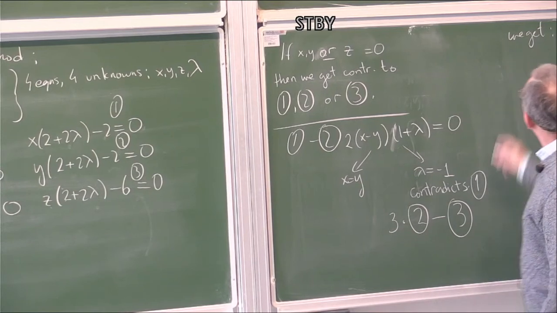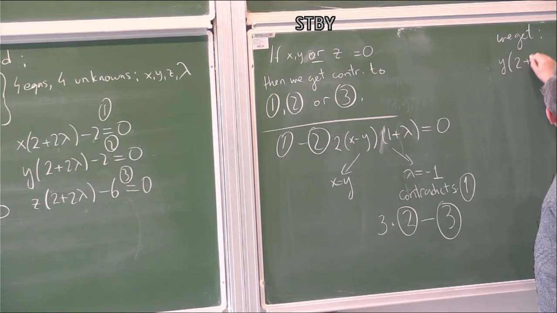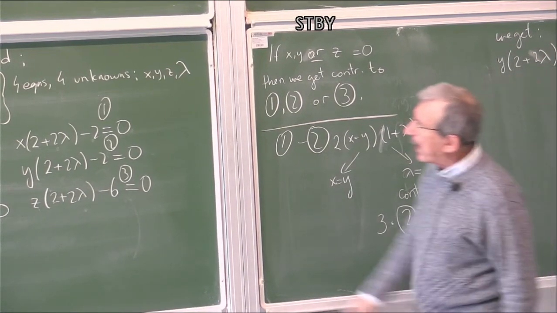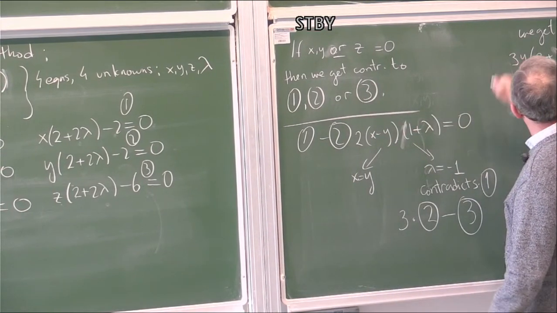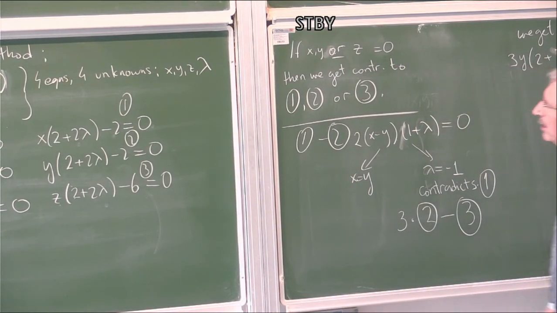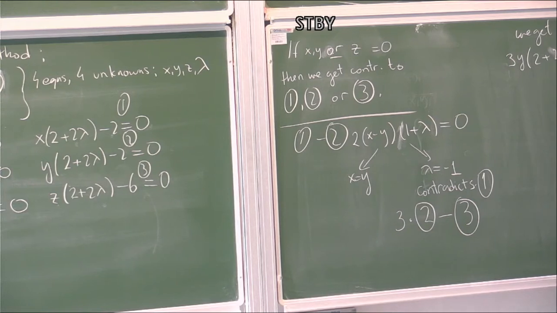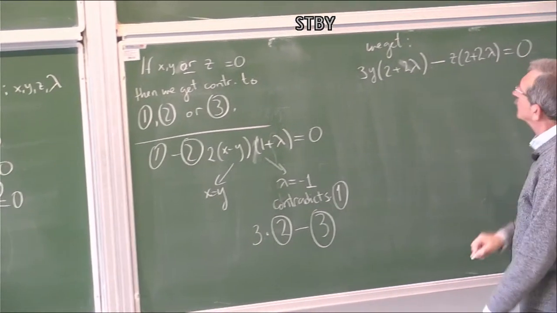So we get y times 2 plus 2 lambda. And here, because we multiplied this by 3, we have minus 6, but they cancel out. And from this, we subtracted z times 2 plus 2 lambda. And that should be 0.